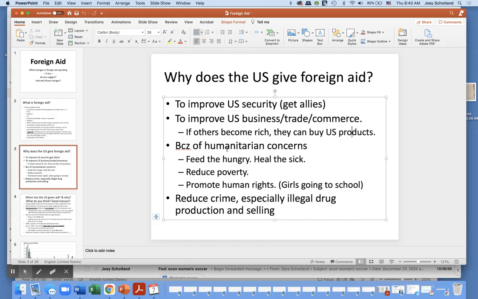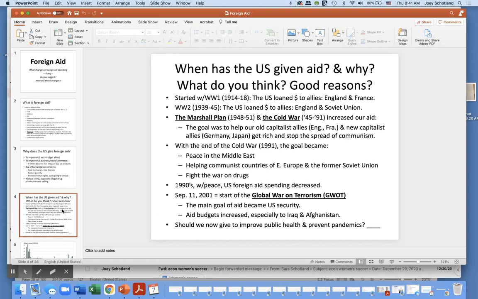We also do it because of humanitarian concerns. Most people want to try to feed the hungry and heal the sick, reduce poverty, and promote human rights. For example, help girls go to school. We also do it to reduce crime, especially illegal drug production and drug selling.